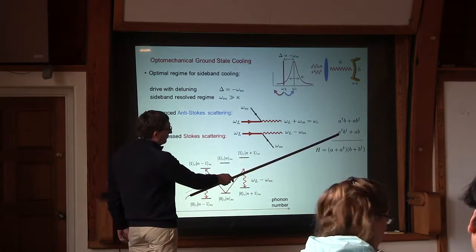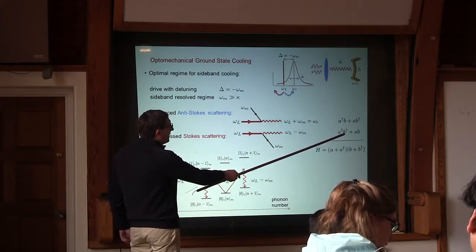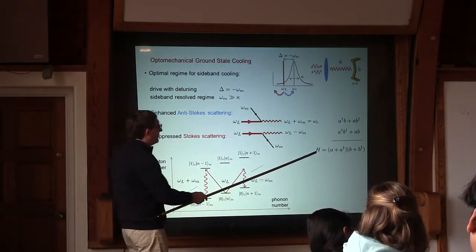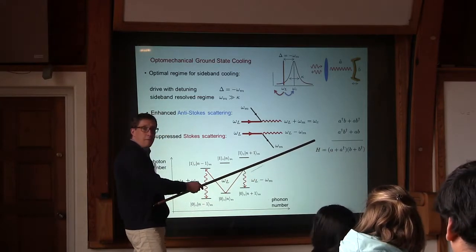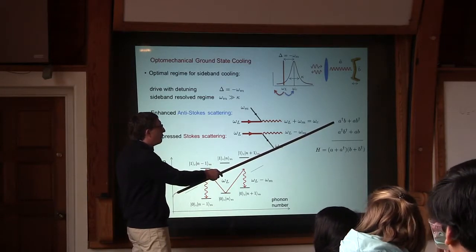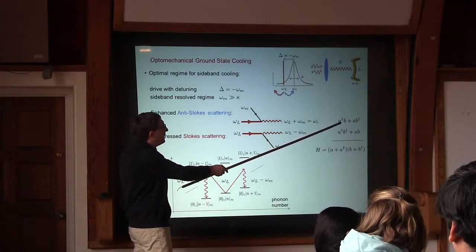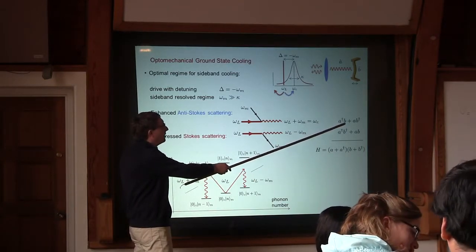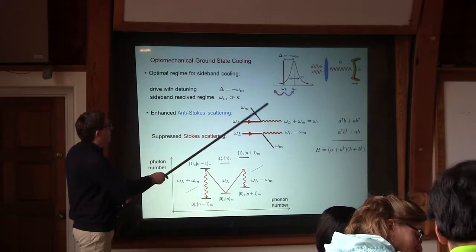And the other class of processes is where we create a photon and a phonon at the same time. Remember that this linearized interaction is proportional to the laser amplitude. So at the same time we always have in principle a laser photon being annihilated at that point, and then we create some sort of sideband photon along with annihilating or creating a phonon. That is described by these diagrams.